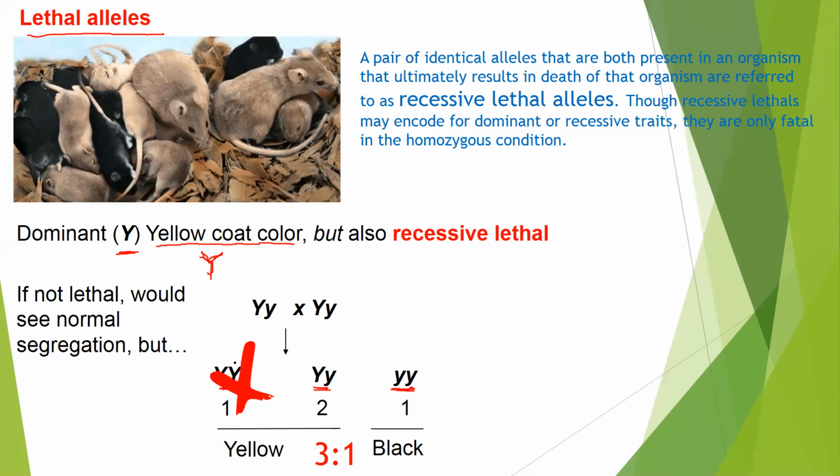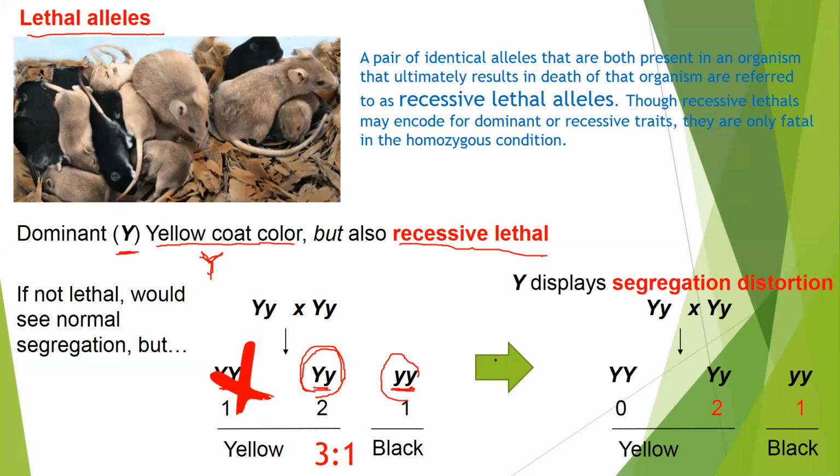So this is the situation. Now when you look at here, the capital Y becomes a recessive lethal, because when we look at the heterozygous, this is a live mouse, right? This is alive and this is alive. So if we look at the second phenotype, this Y is called the recessive lethal. This cannot survive. All right, what are the consequences? If you look at a cross, you only see a 2:1 ratio.